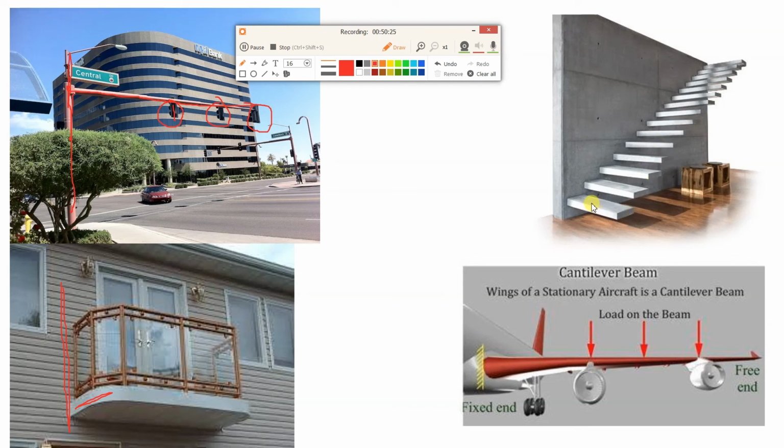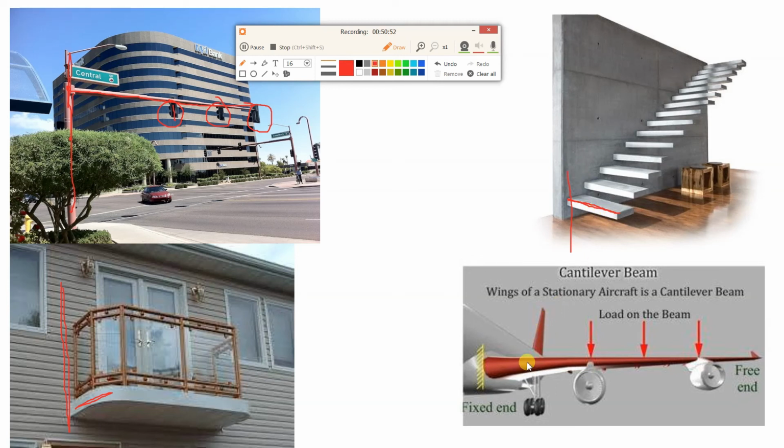This staircase is coming out from this wall. It is not having support with respect to the ground. It is hanging. So one end of this staircase is fixed, and the other end is free. So this will again be an example of which beam? It will be cantilever beam. One end is fixed, other end is free.